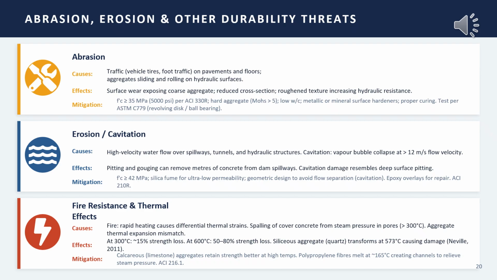Then the final point is that if you are using fibers, for example, polypropylene fibers, they melt at about 165 degrees Celsius. By melting, they create micro channels which release steam pressure during the fire and dramatically reduce explosive spalling.